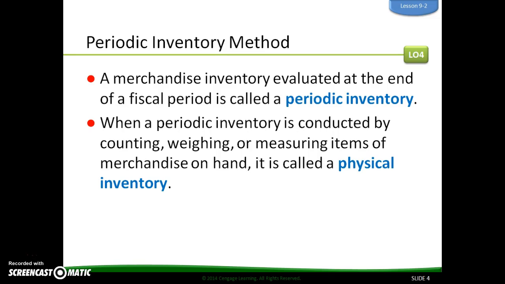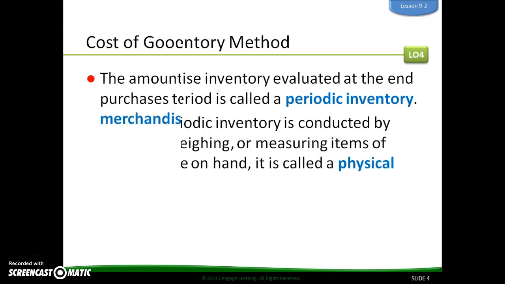Sometimes you'll go into a store like Kohl's and they'll have little signs up that say inventory in progress, telling you that they're actually doing a physical count to check the actual inventory that they have in their store.